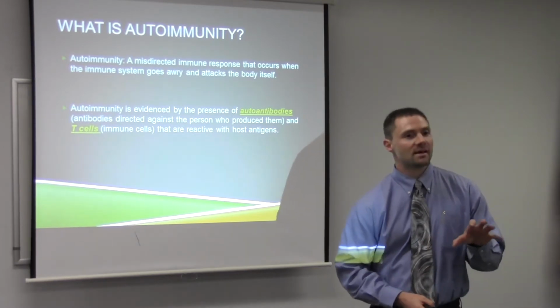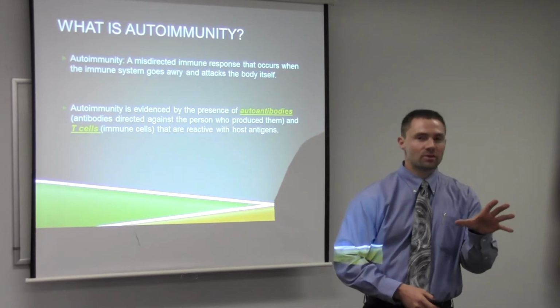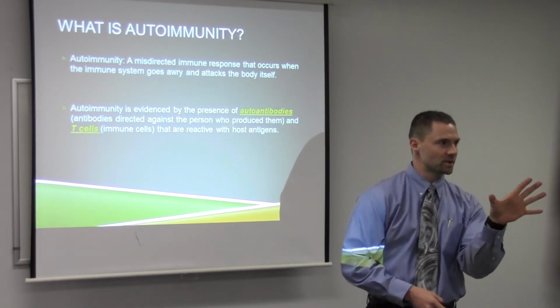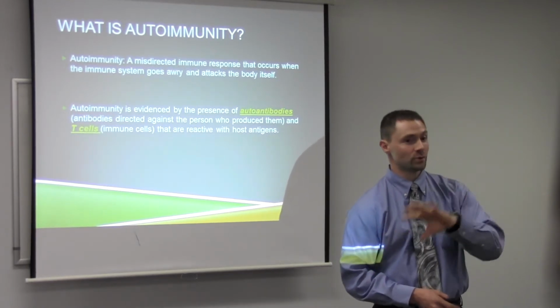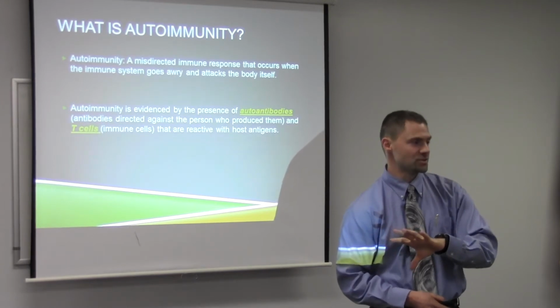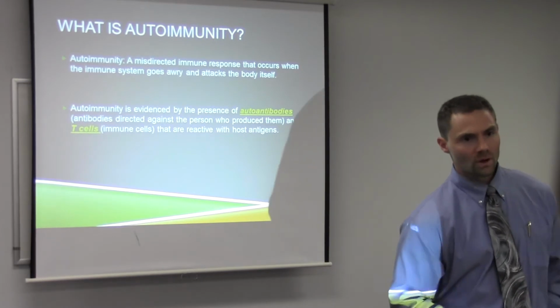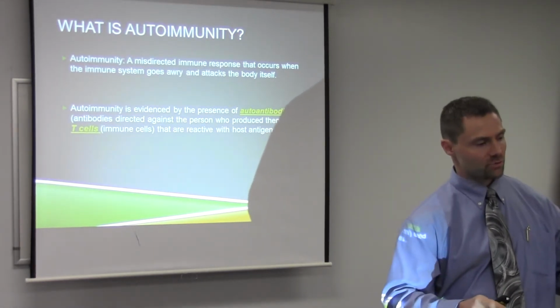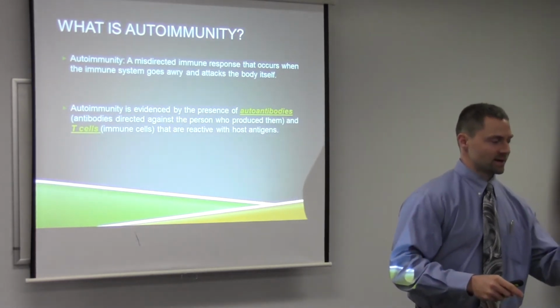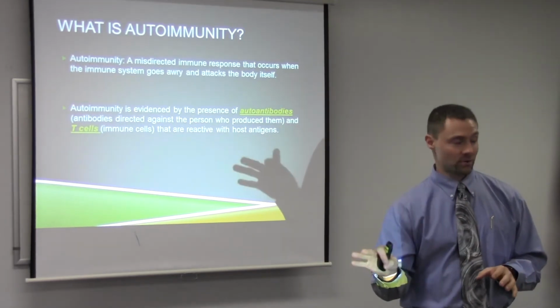The problem is that if the immune system loses the ability to recognize something as foreign and starts seeing you as foreign, then it's just as efficient and it'll start attacking you as well. So we want to understand that there's a difference between the body being able to recognize self versus no longer being able to recognize itself.